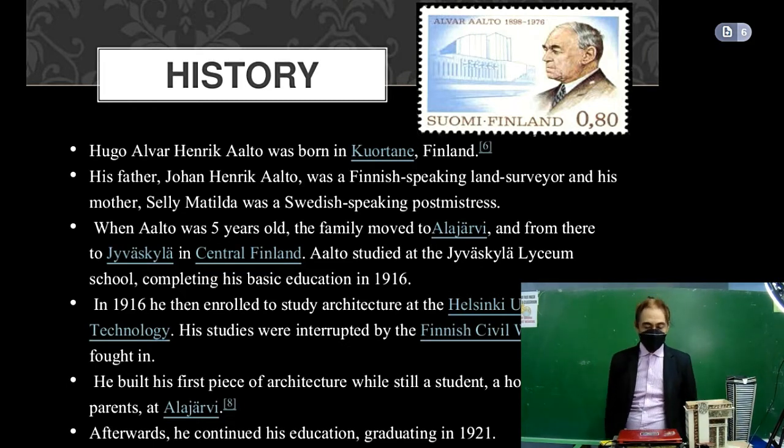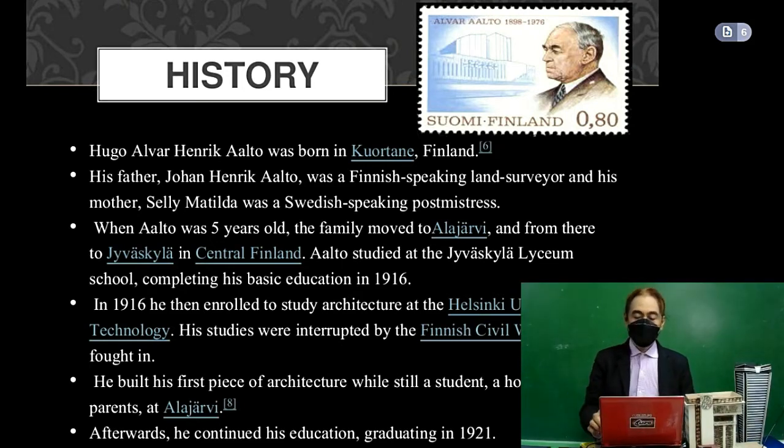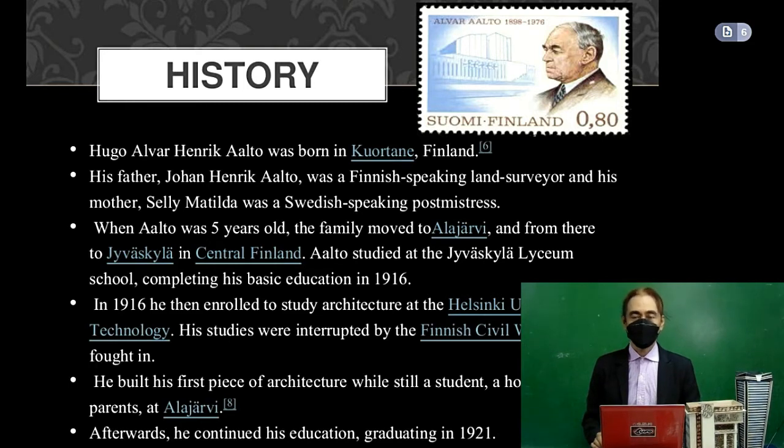Aalto studied at the Jyväskylä Lyceum School, completing his basic education in 1916. He then enrolled to study architecture at the Helsinki University of Technology. Helsinki, that's Helsinki, guys. His studies were interrupted by the Finnish Civil War, which he fought in.